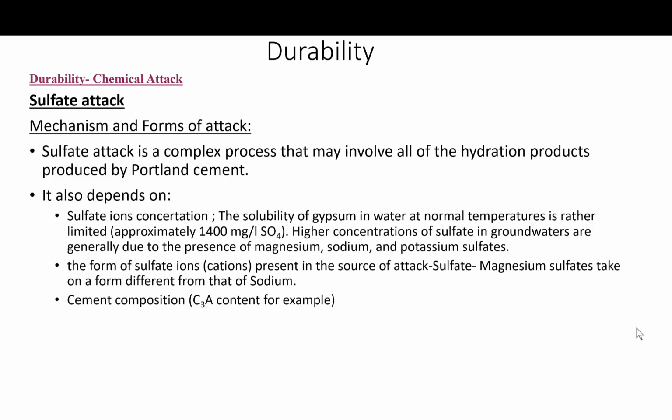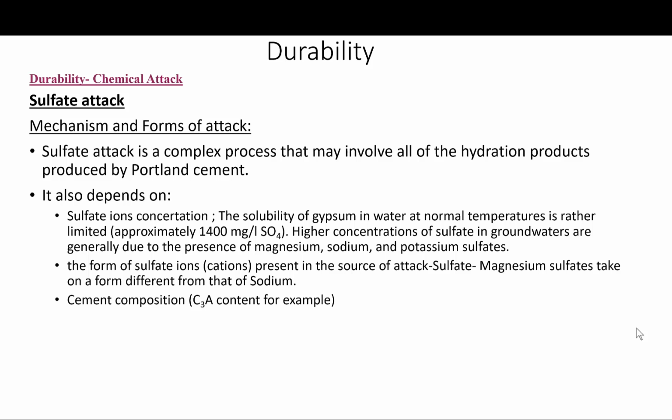Sulfate attack is actually a rather complex process that may involve all of the hydration products produced by the Portland cement. It depends on the sulfate ion concentration. The solubility of gypsum in water at normal temperature is rather limited, approximately 1400 milligrams per liter, measured as SO4.